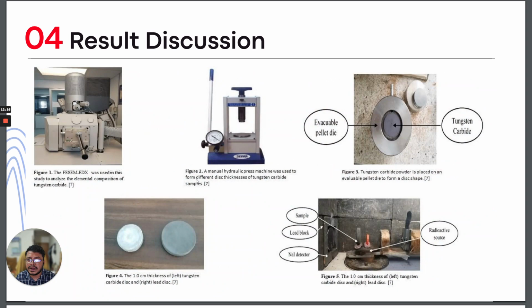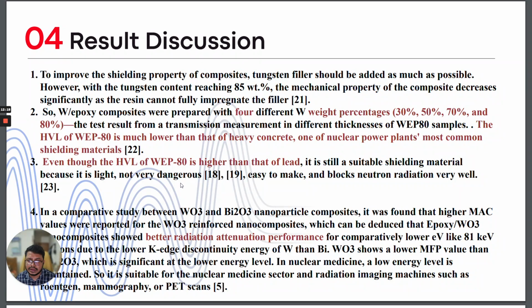In a comparative study between tungsten oxide and bismuth oxide nanoparticles, it is found that higher MAC values were reported for the tungsten oxide reinforced nanocomposite, from which it can be deduced that the epoxy tungsten nanocomposite showed better radiation attenuation performance at comparatively lower electron volt energies, like 81 kiloelectronvolts.